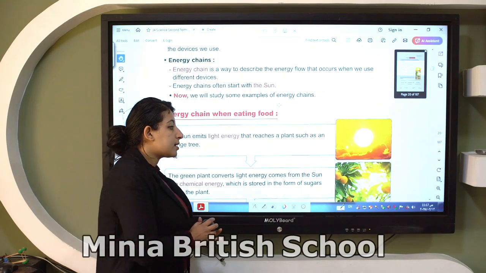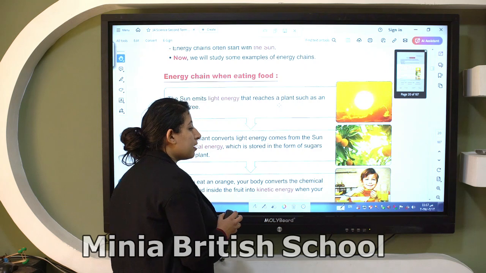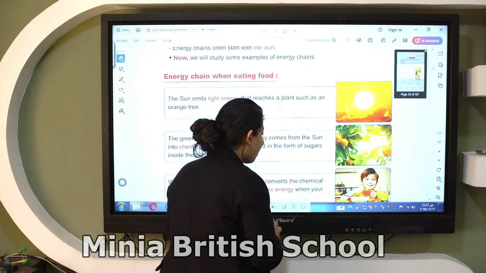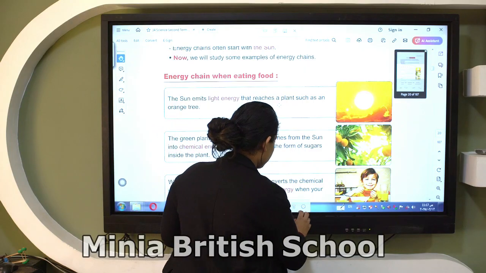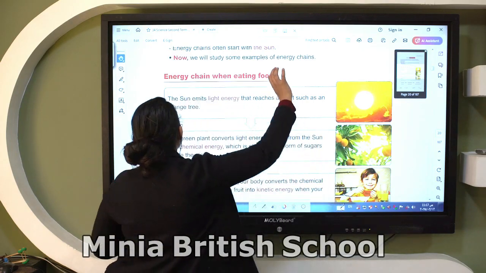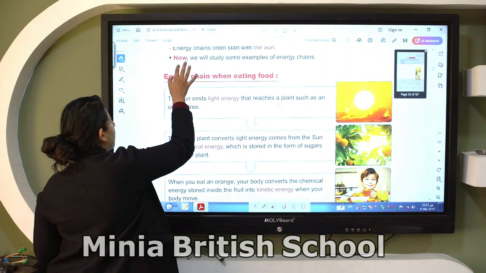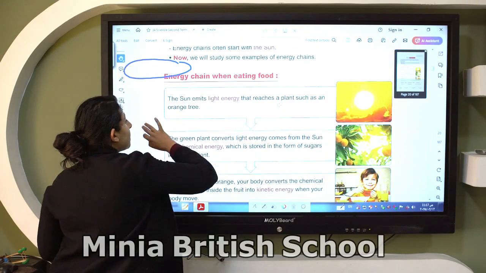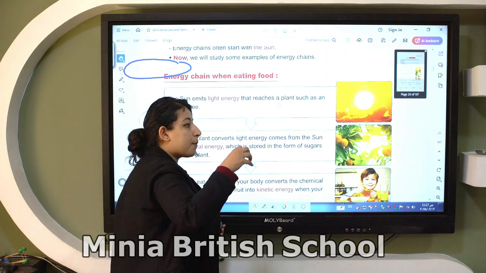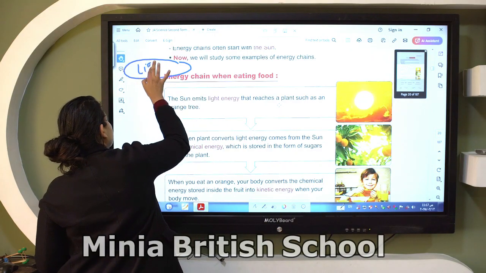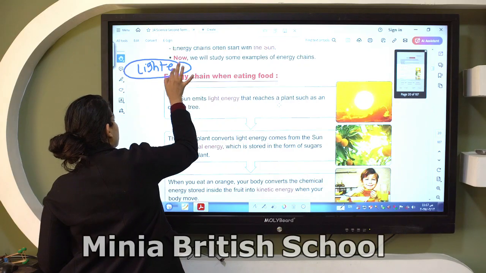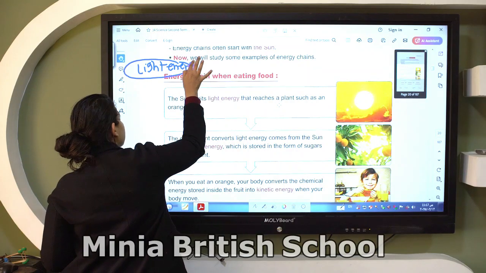So when I ask you, please draw an energy chain for eating food, I can use my pen here to draw an energy chain. I have to start from what? I said all energy chains are produced from the sun. So the sun produces what? Light energy.